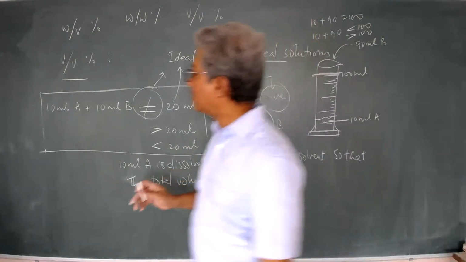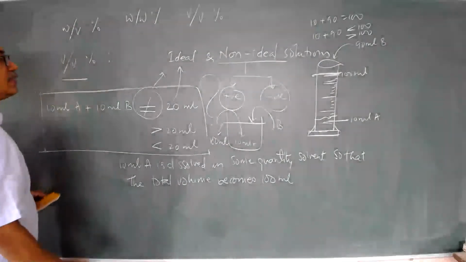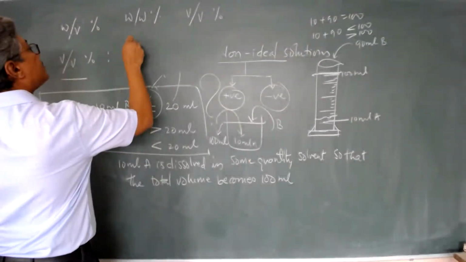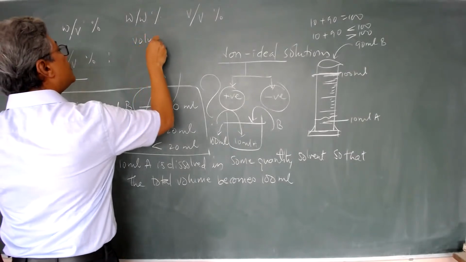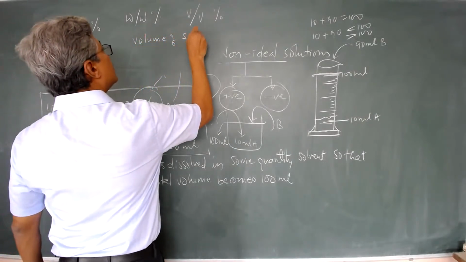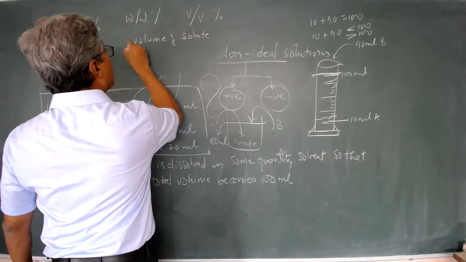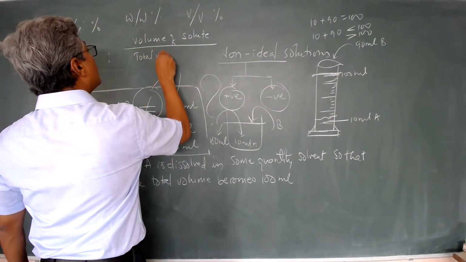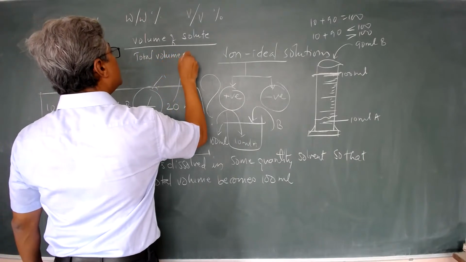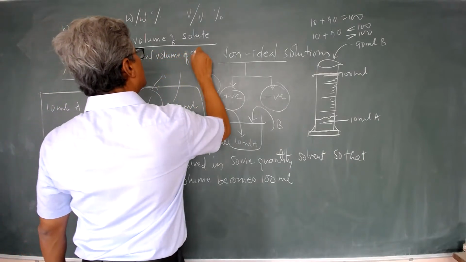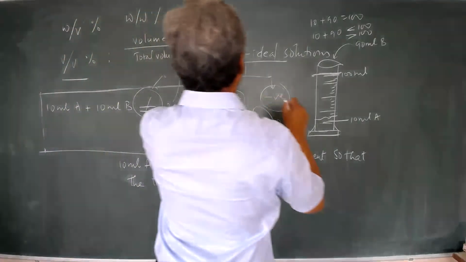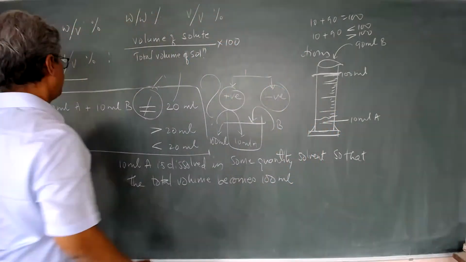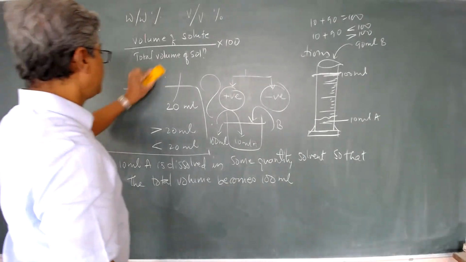So in that case, volume percentage can be defined as volume of solute divided by total volume of solution, into 100. Is that clear, students?